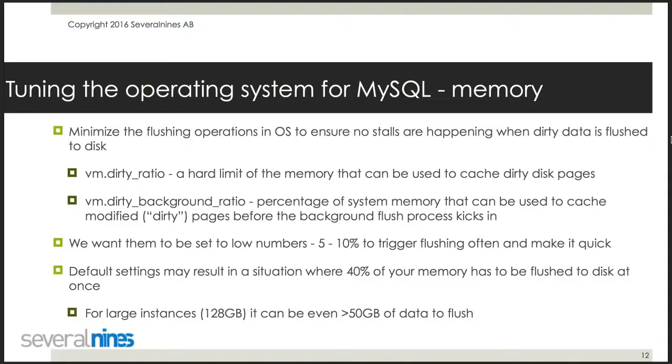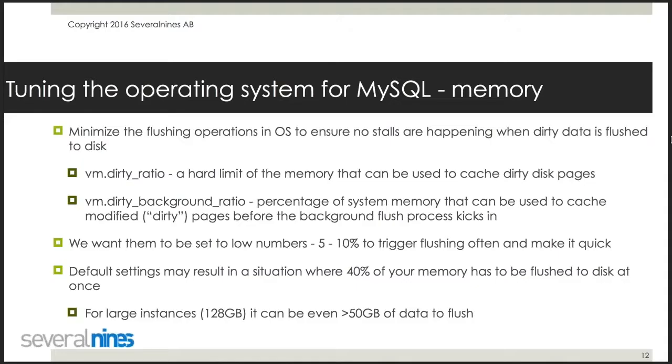In general, we want those settings to be low numbers, like 5 to 10% of your total memory. This is because we want to trigger the flushing often and make this flushing quick.